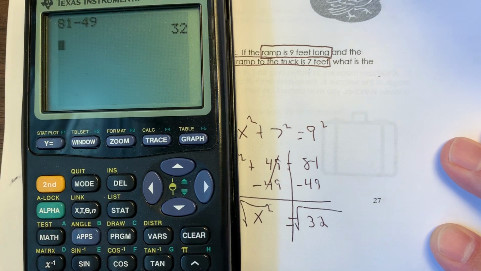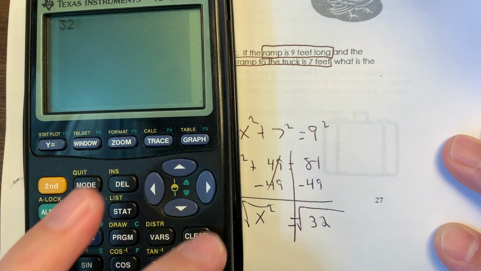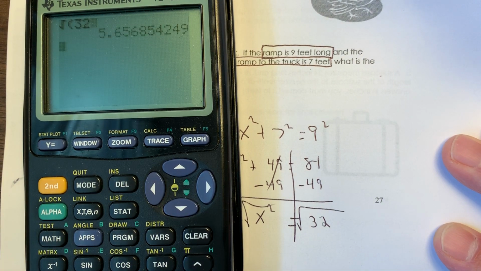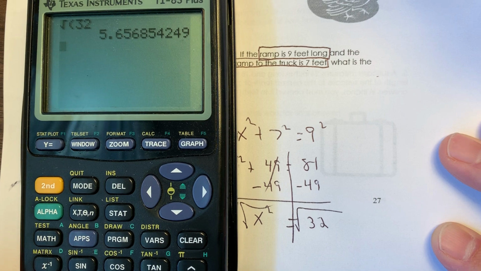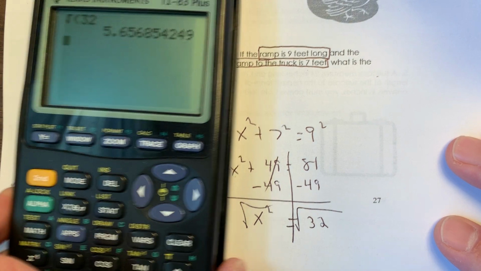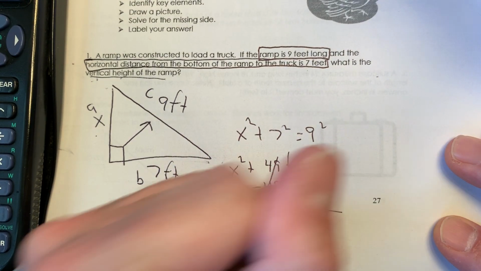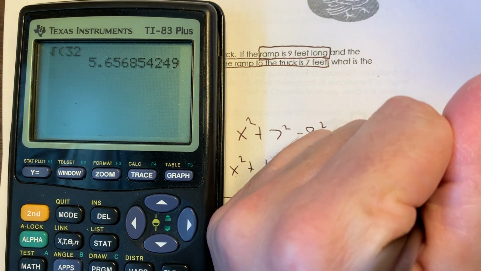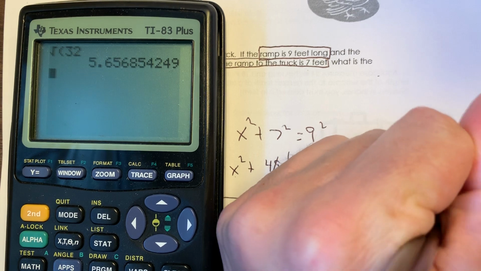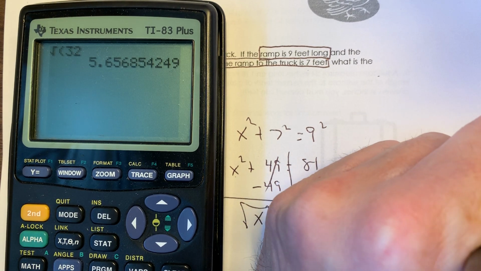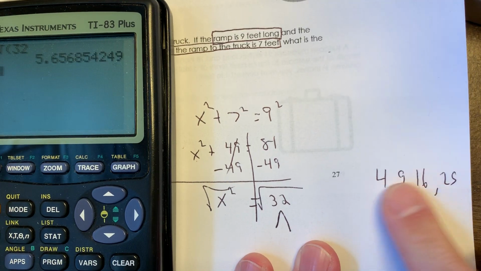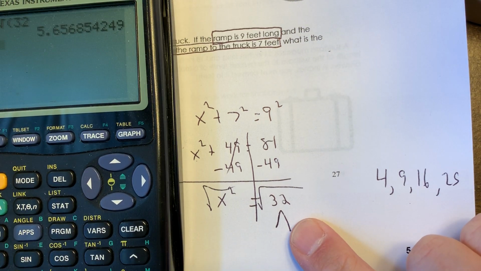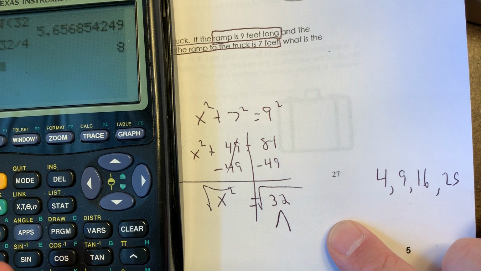What the heck is the square root of 32? Square root of 32 is a decimal. Decimals are no good. You know what I'm going to do? I'm going to break it down. Now, what goes into 32? Take your perfect squares, guys, don't forget them, and start dividing them into 32. Okay, 4 is good, but I'm going to go higher.